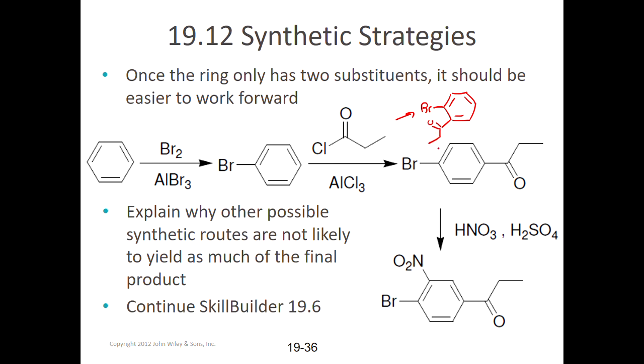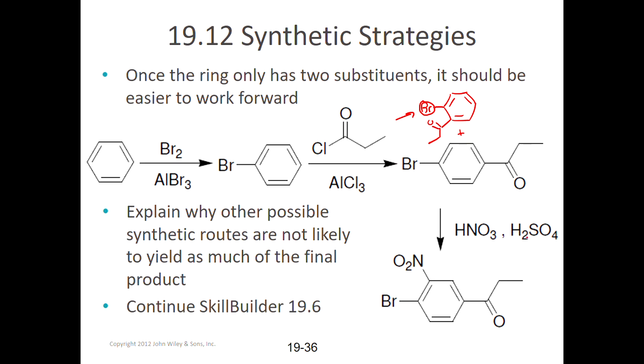Because it's a fairly large group, it might create some sterics there. Maybe that would be a minor product, even though the bromine is only a single atom. It's not very big as a group. But this would definitely be a mixture of those two, and I'd have to separate out the desired one.